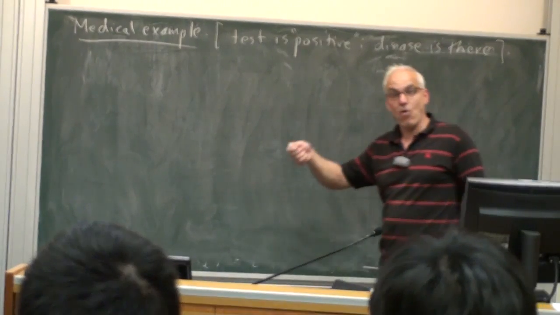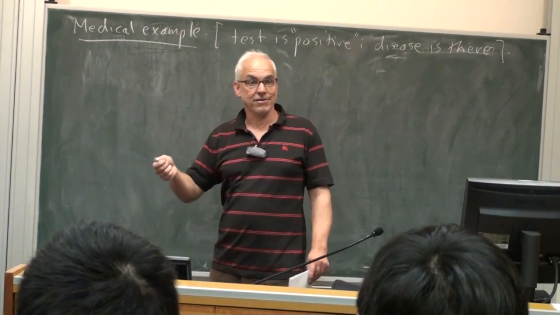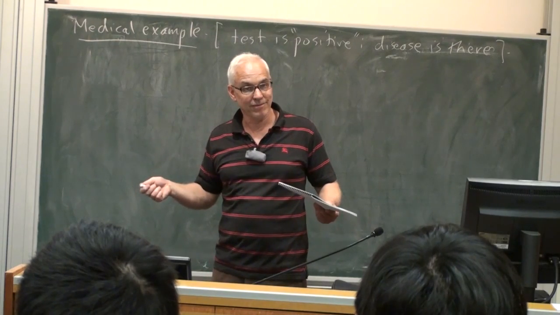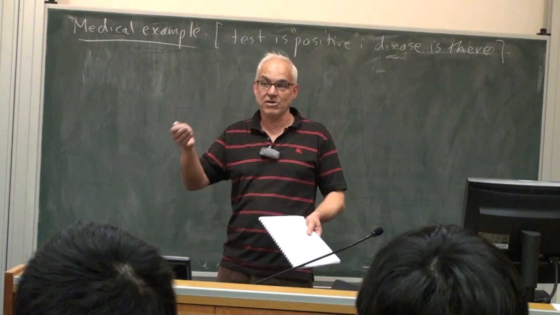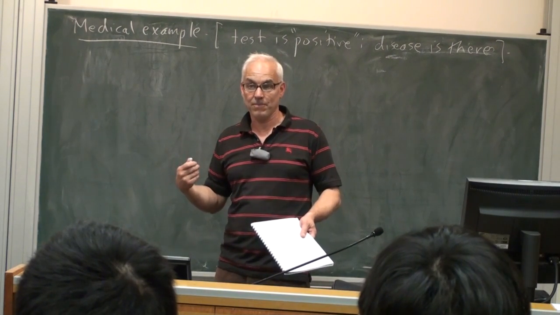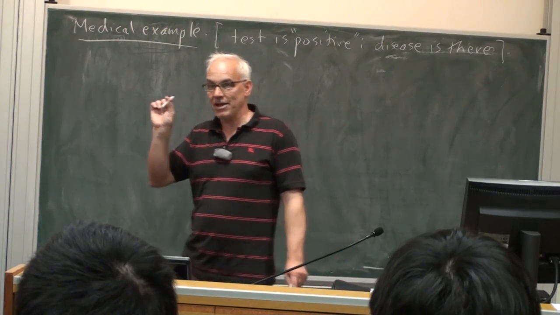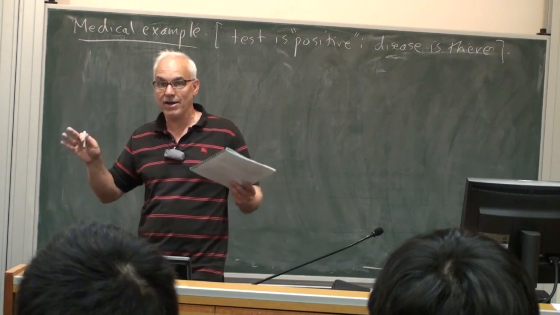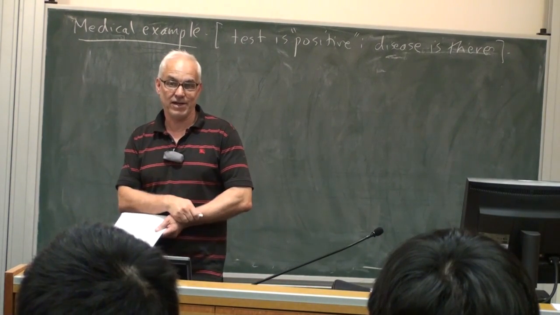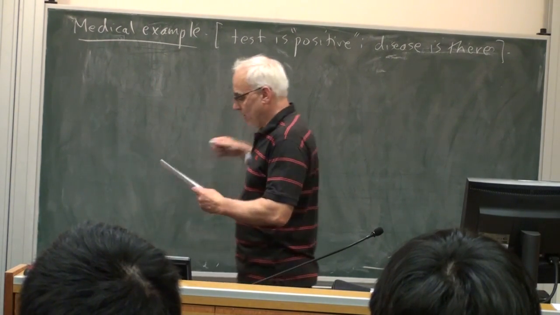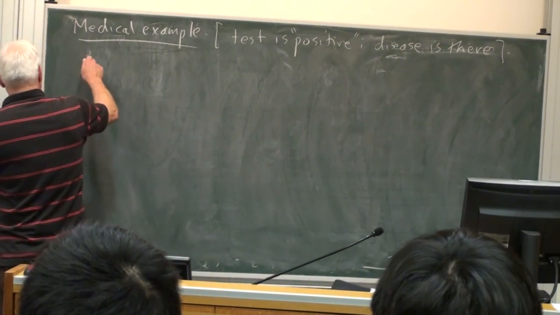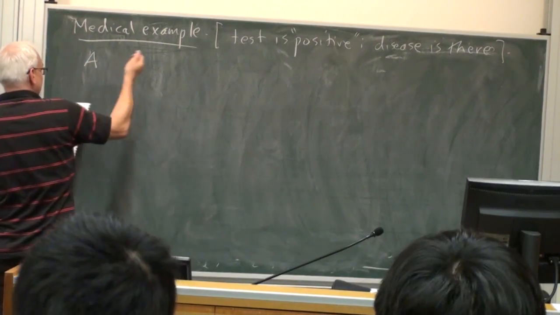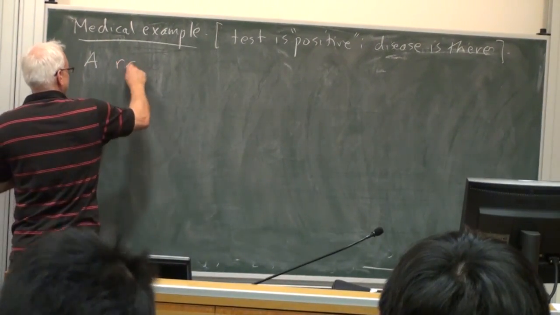But tests for various things are not infallible. Tests have a certain probability of being right, a certain small probability of being wrong. And it's this small probability of being wrong that has to be incorporated into your understanding of these medical tests. So we're going to look at an example. We'll talk about some random disease.